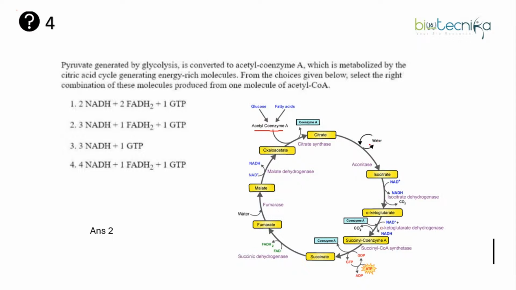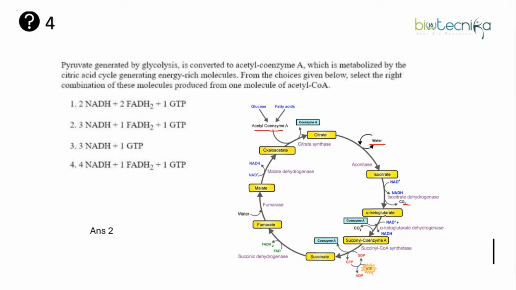Here you utilize a molecule of water. Isocitrate is getting converted to alpha ketoglutarate, where you utilize a molecule of NAD, which gets converted to NADH. This happens by the enzyme isocitrate dehydrogenase. In the process, you produce a molecule of CO2.